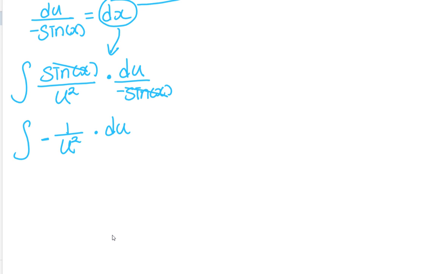So we can treat this as negative u to the negative 2, because we're just moving it back up to the numerator. And now the step is easy. It's just the reverse of a derivative. So we add 1 to the power, so now it becomes negative 1, divided by the new power. And that's it.